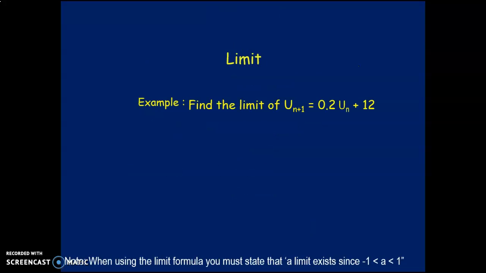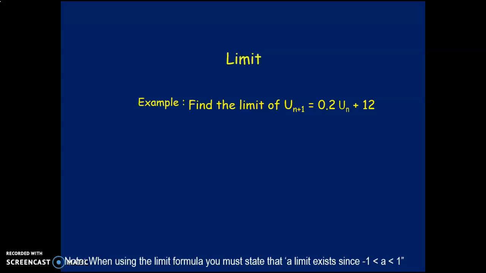So let's look at a couple of quick examples. First example, we want to find the limit of un plus 1 equals 0.2 un plus 12. One thing you'll see at the bottom, note that when using the limit formula, you must state that a limit exists since a is between -1 and 1.